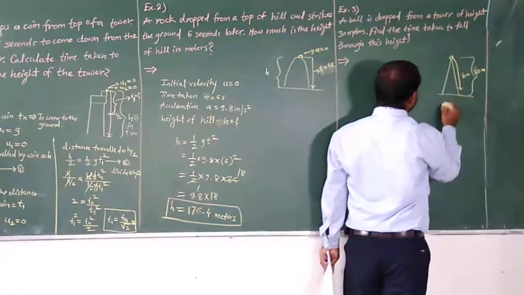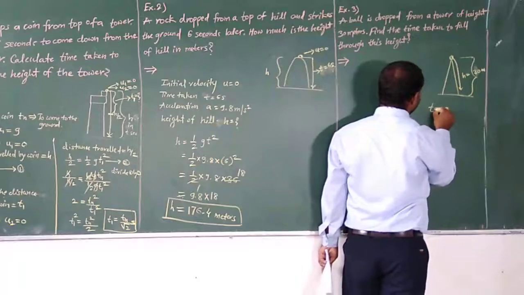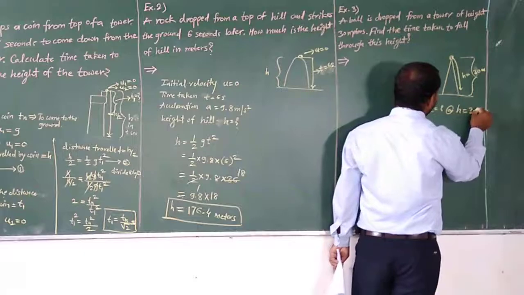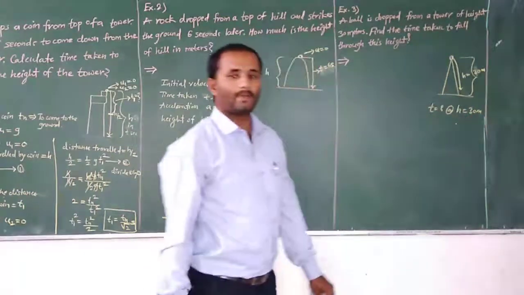So t is equal to what at h is equal to 30 meters. हे आपल्याला फाइंड करायचं आहे.